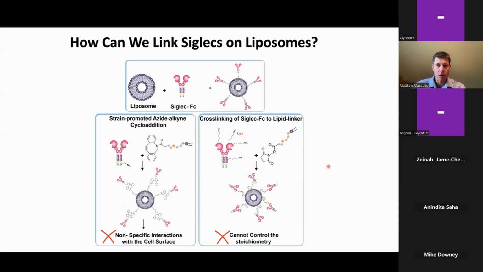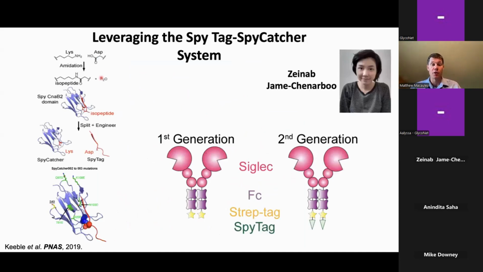So through working with the Dirtle Lab, who had published a nice paper, which I'm going to mention in a bit, they started working with the SpyTag SpyCatcher system and inspired us to use it and collaborate with them on this. The idea here is you have this protein from bacteria, and it naturally has an isopeptide bond in it, so a covalent bond between a lysine and an aspartic acid.